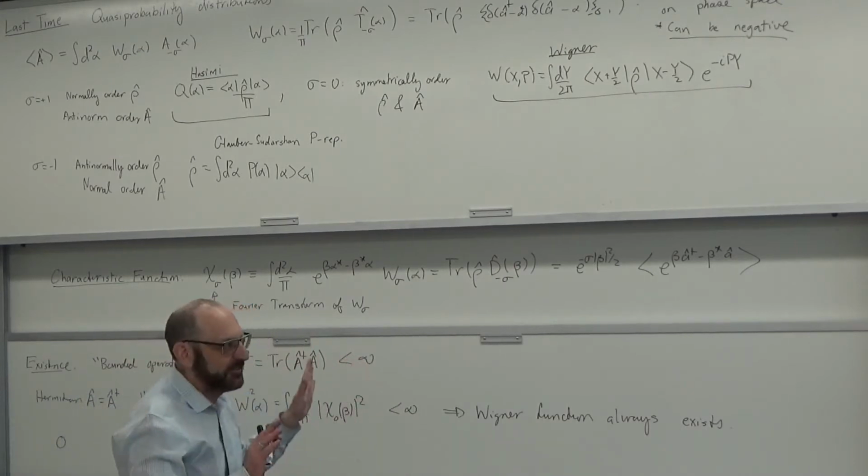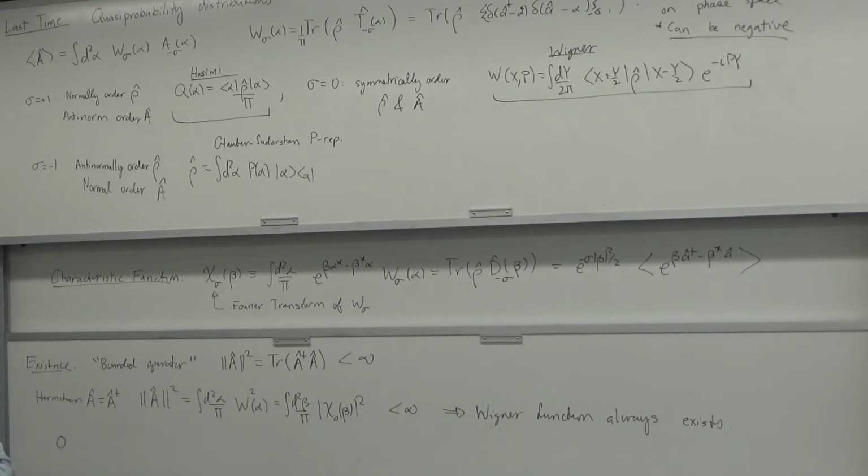So it's something that's used quite often for that kind of calculation. From a formal perspective, this is also useful in helping us to understand a little bit more about the relationships between these different quasi-probability distributions.